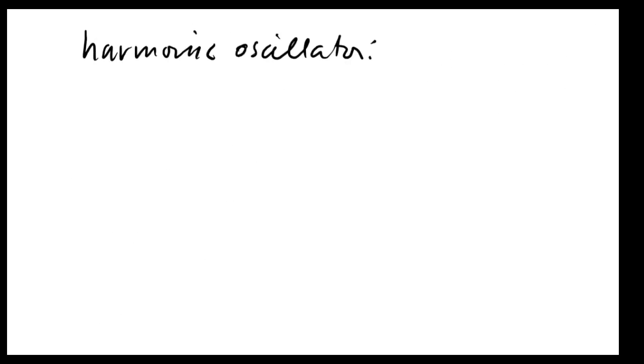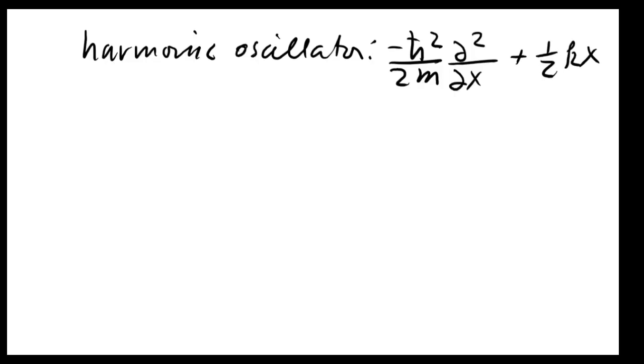Let's do that. For the harmonic oscillator, the Hamiltonian is minus h bar squared over 2m times the second derivative with respect to x, plus that potential, which is 1/2 kx squared.